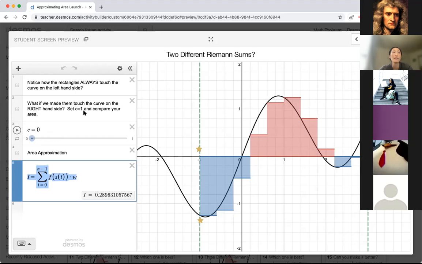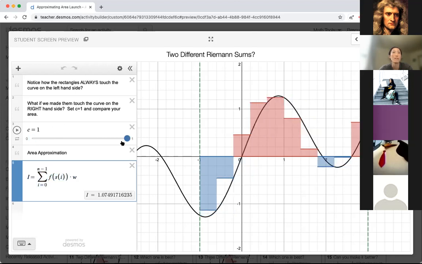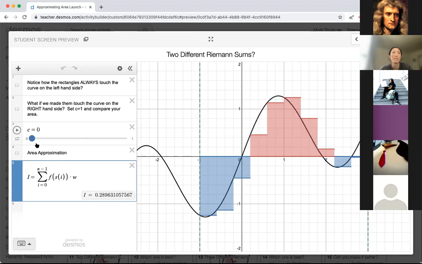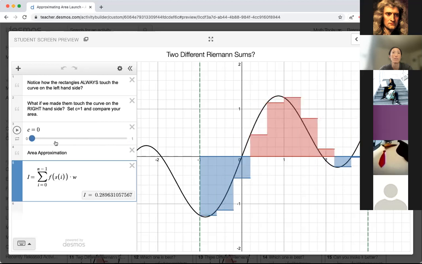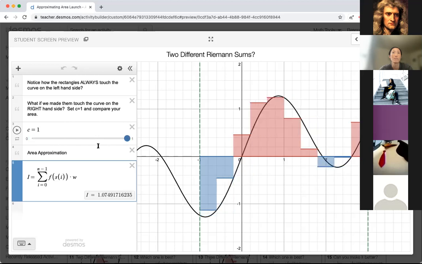So it says set C equal to 1 and you can see the area. So I'm going to drag this over to 1, and now I have a right approximation. Okay, so left approximation, right approximation.